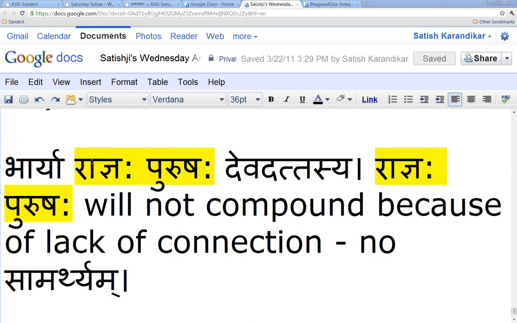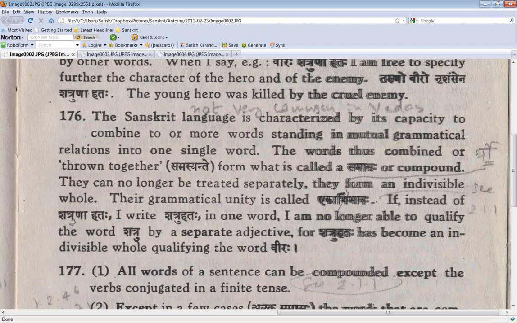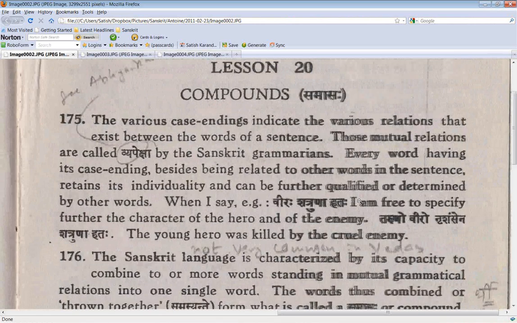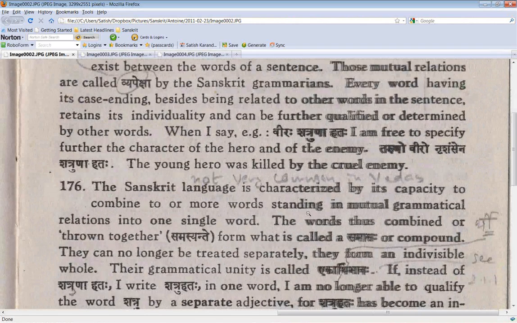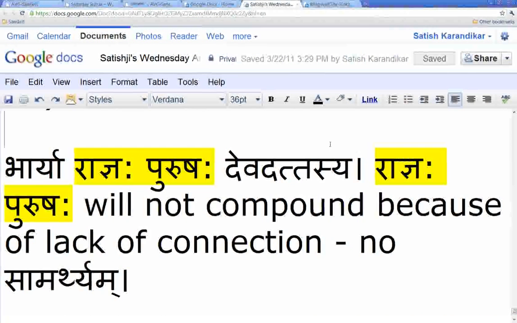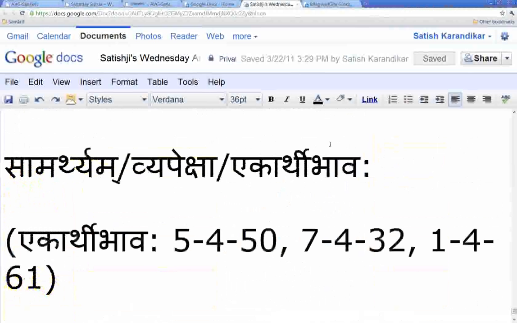Now the next thing we saw last time, let's go to the document itself. We saw two kinds of samarthyam: vyapeksha and ekarthi bhavaha.